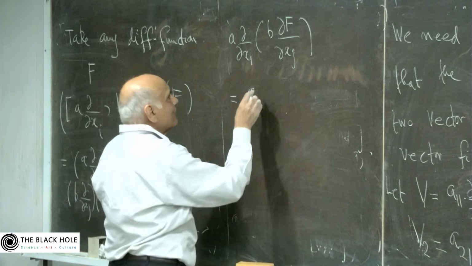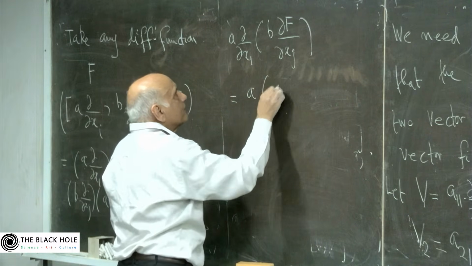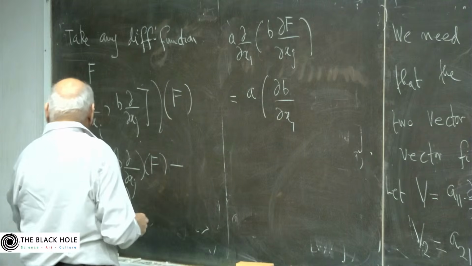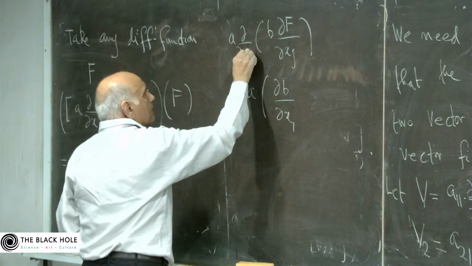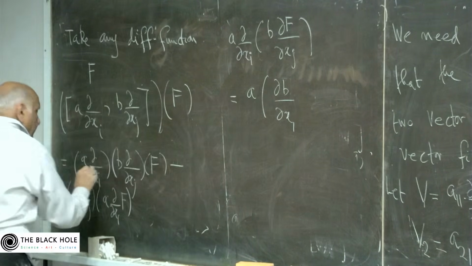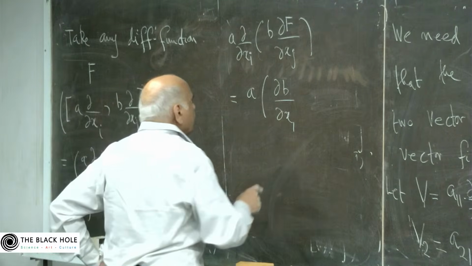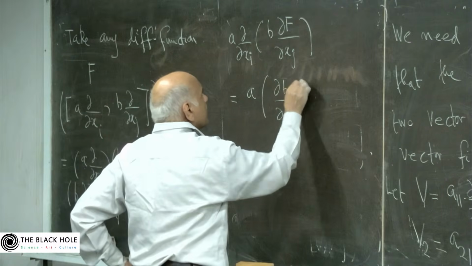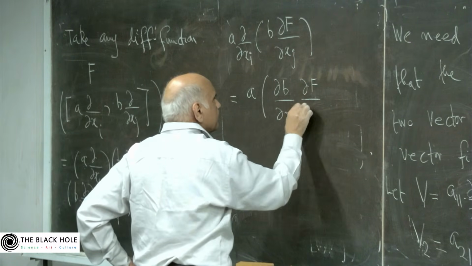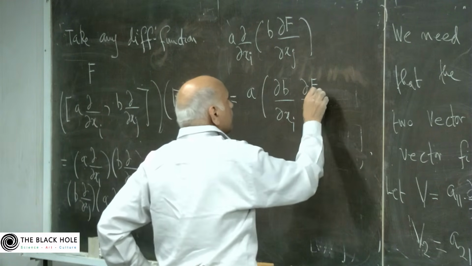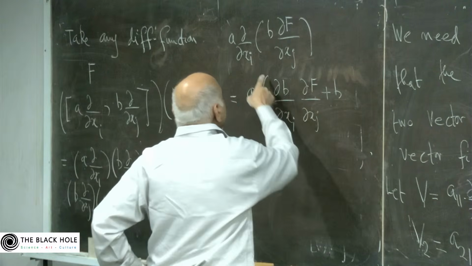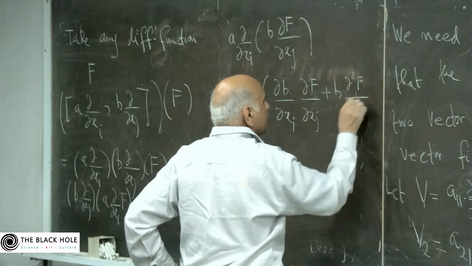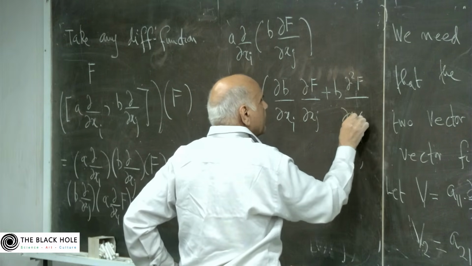So this is A times partial B by partial xi times partial f by partial xj plus B times partial 2f by partial xi and partial xj.